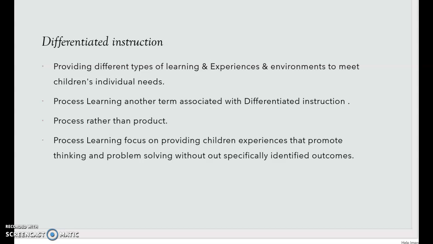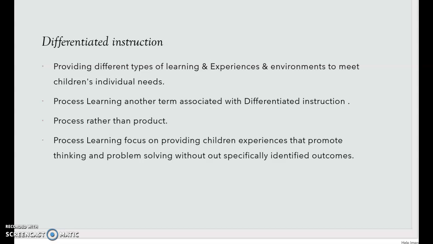Process learning is another term associated with this. I know some of you have probably heard process rather than product, especially when you're talking about art. Process learning focuses on providing children experiences that promote thinking and problem solving without specifically identified outcomes.